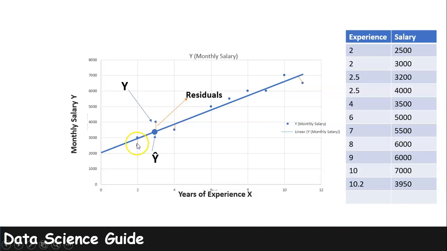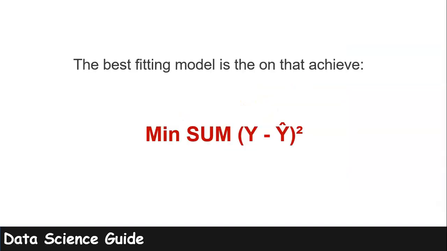If we go back here, we have this residual, which is y minus y hat. So we take this value and square it, and we take this value and square it, and so on until we take all these values. And the slope line is the one that achieves the minimum sum of y minus y hat squared. So after we take each y minus y hat squared, we add up all these values, and finally we get a sum.